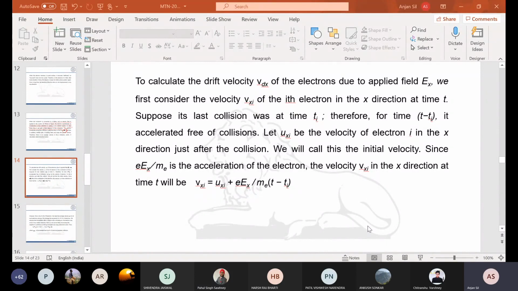See, when you talk of the potential energy, it is basically distance related, isn't it? But when you talk of the kinetic energy, it is in terms of the velocity.